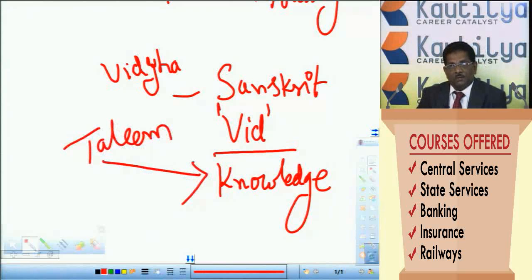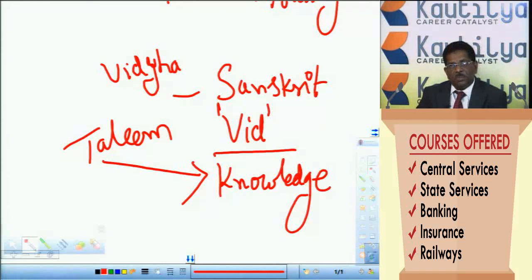So there are Latin words, a Sanskrit word and a Persian word. In the Latin words, educare, educere, educatrum. In Sanskrit, it has been derived from the word vid, which means knowledge in English.